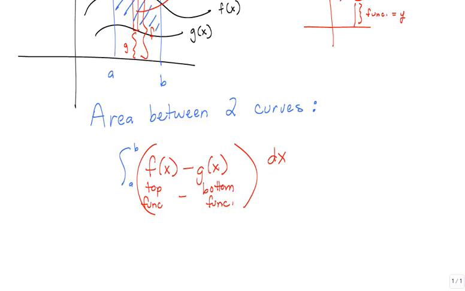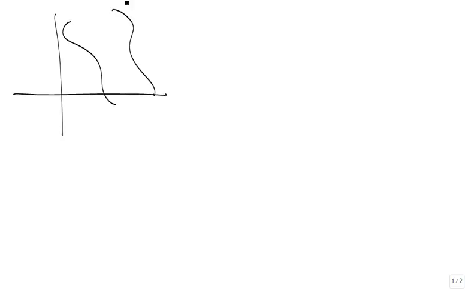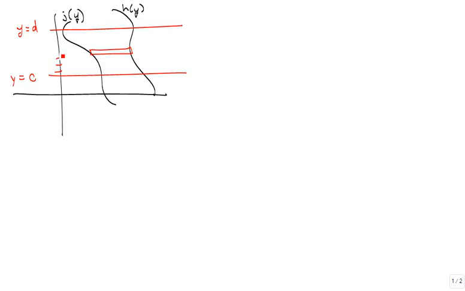Okay, if you're going the other way, if you take horizontal rectangles, suppose the functions go like that, and this is, say, h of y and j of y, and take your rectangles this way, and go from y equals c to y equals d, and this time the width of that rectangle is dy or delta y.